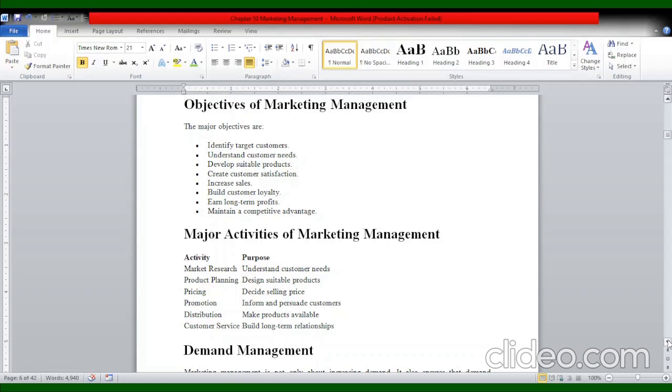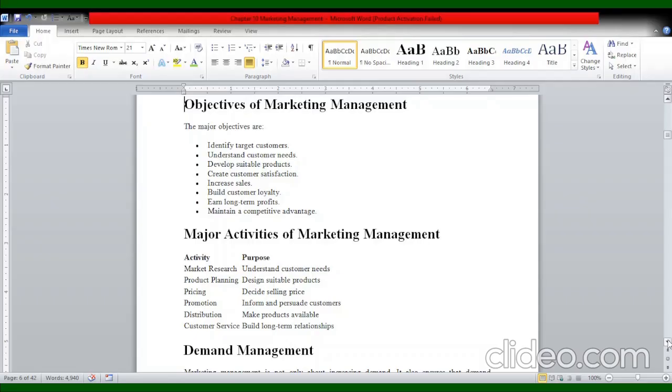So definitely it will allow them to take interest in your product. Your customers will be long-lasting, your customer loyalty will build, you will earn long-term profits, and you will maintain a competitive advantage in terms of market and product manufacturing.